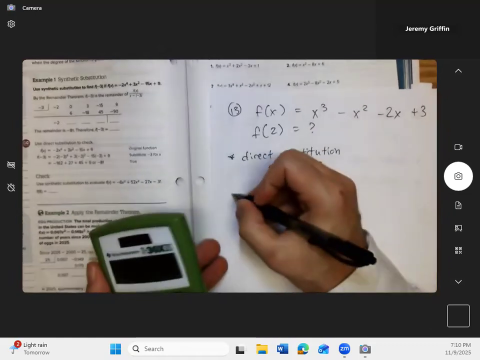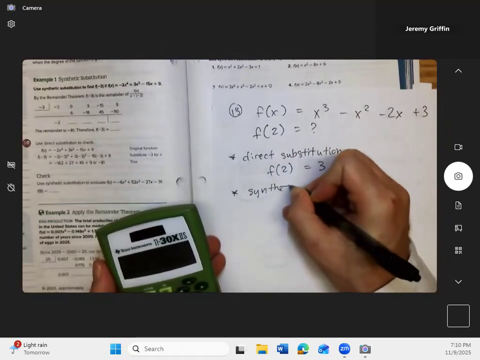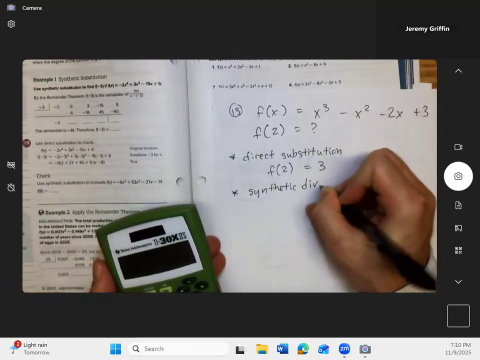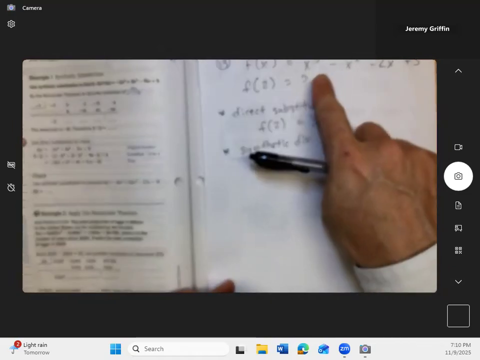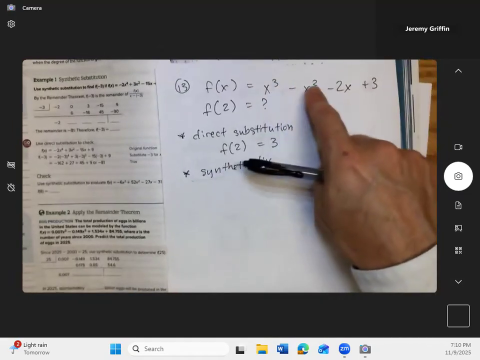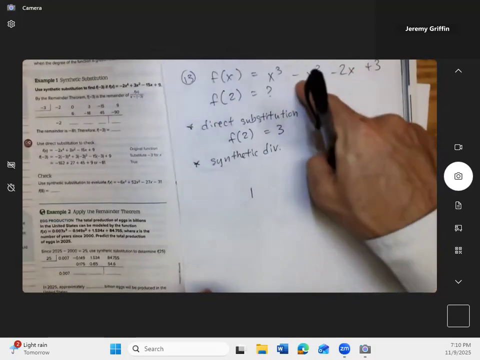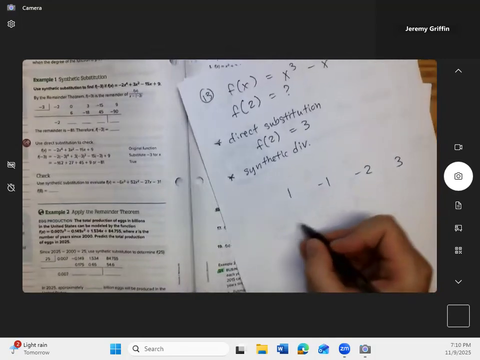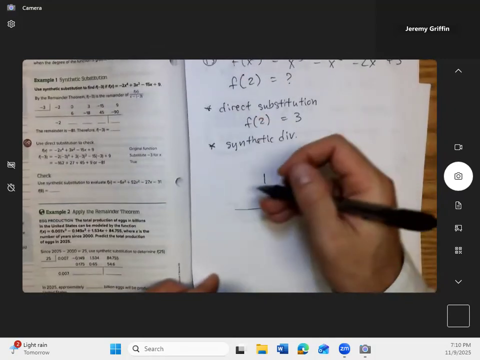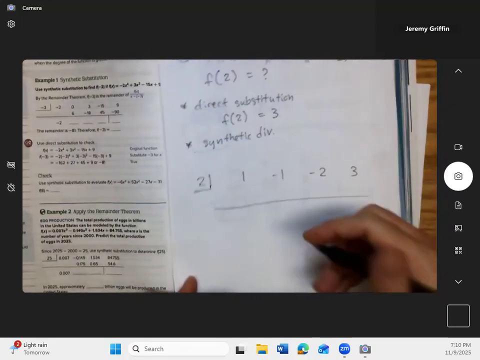All right. So let's try synthetic division and see if it's the same. Take these coefficients. I have all my powers of x: 3, 2, 1, 0. So what are the coefficients? They are 1, -1, -2, and 3. Since I want to plug in 2, I'll put a 2 in this box right over here, and run through the process.